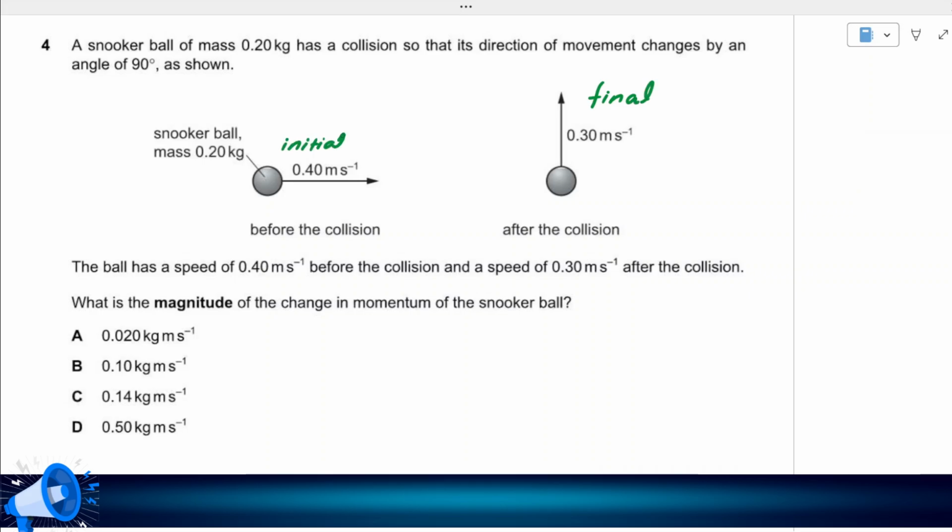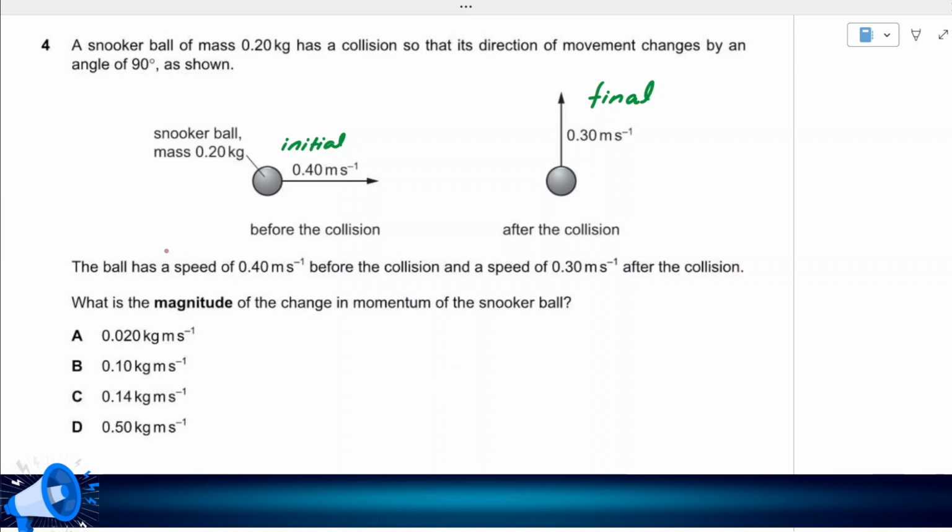Technically it's not the momentum, it's the velocity, but the momentum is indeed in the direction of velocity. If we multiply the mass and speed, we'll get the momentum. So for the first one, the momentum would be 0.20 times 0.40, and for the final momentum it would be 0.20 times 0.30.